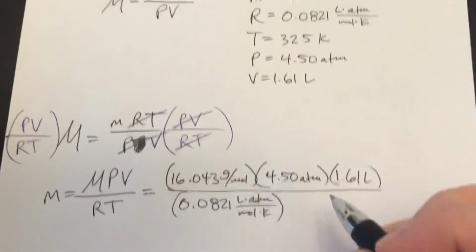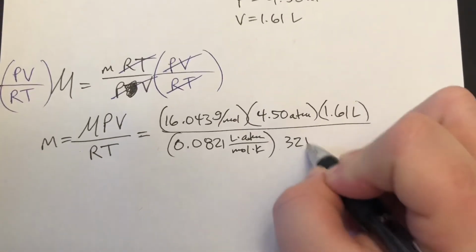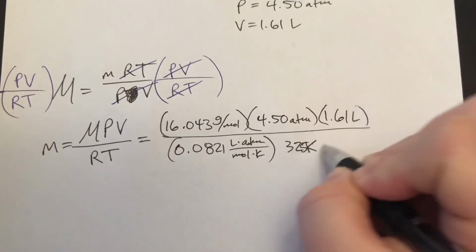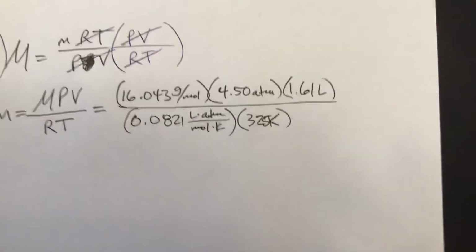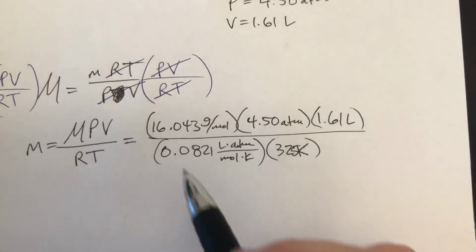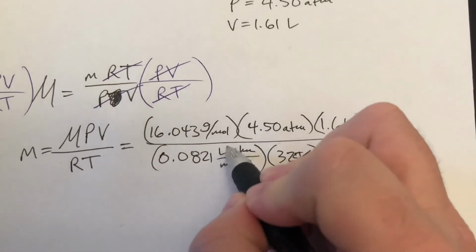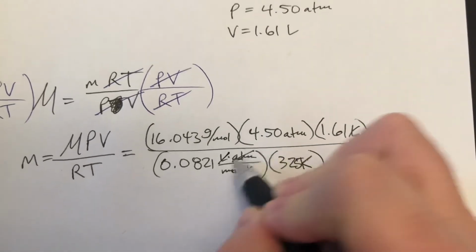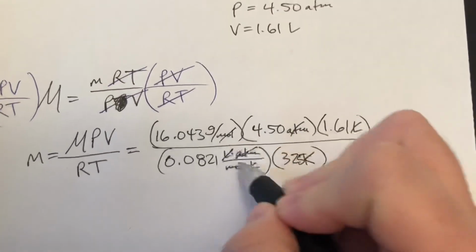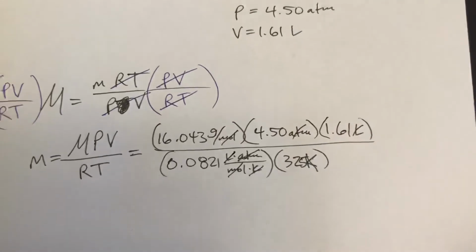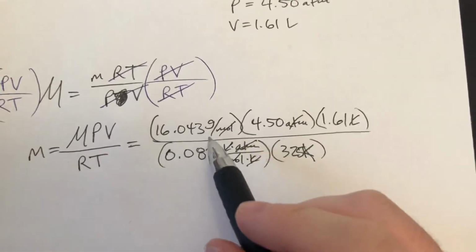And T is 325. All right, there's a lot of units here. The liters will cancel out, atmospheres will cancel out, moles will cancel out, and kelvins will cancel out. So the only thing we should have left is grams.